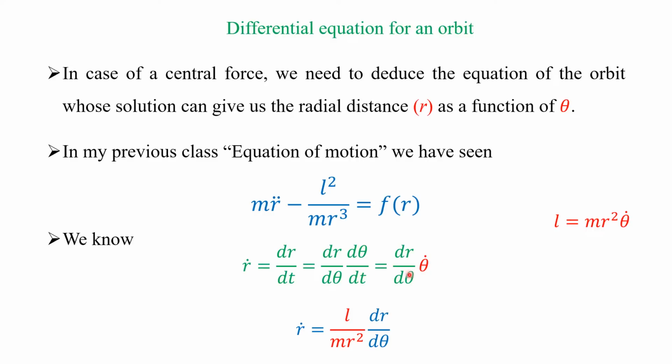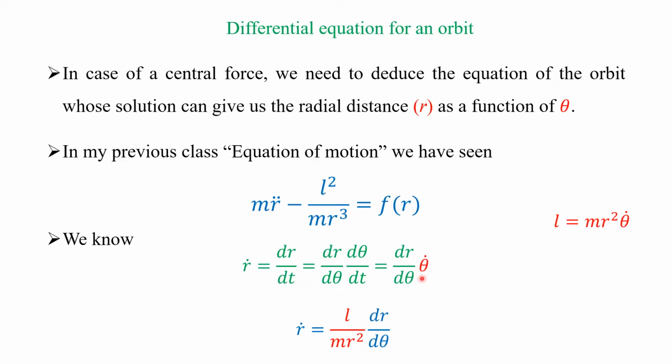Now we know, already in my previous lecture, in the first integral of the equation of motion, we have seen L is equal to m r squared theta dot. Then theta dot is equal to, if you bring this m r squared to the left hand side, L over m r squared.